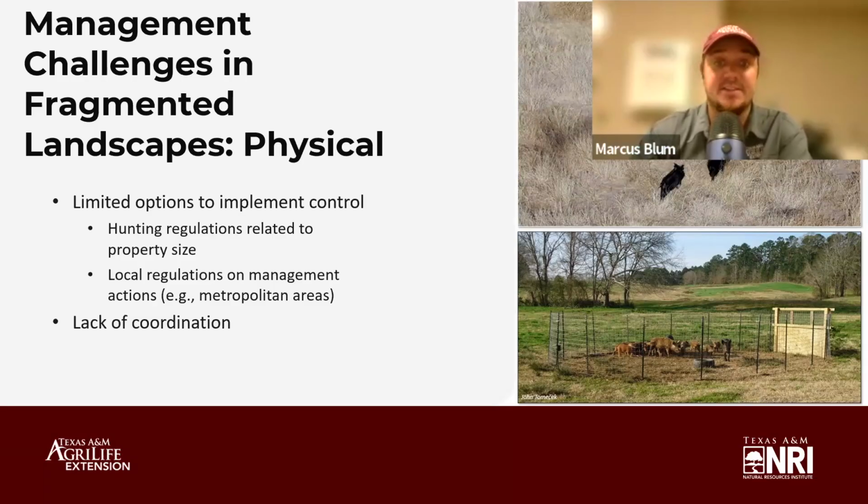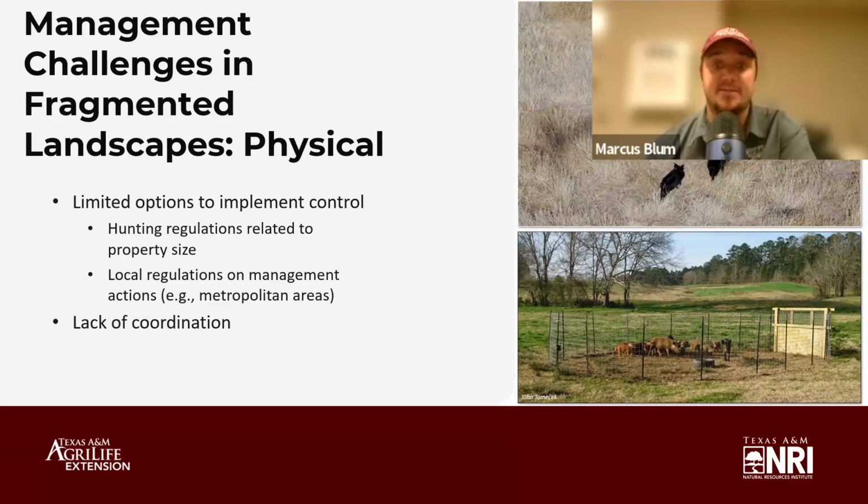Dense fencing and scattered ownership complicate travel routes for control teams and often require multiple permissions before traps or helicopters can operate across the landscape. Fragmentation also intensifies edge effects, the interface between pastures, woodlots, and developed areas that hogs exploit for cover and foraging. These habitats provide ideal conditions for nocturnal rooting and refuge, particularly near water or suburban gardens.